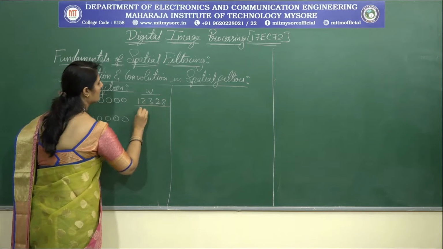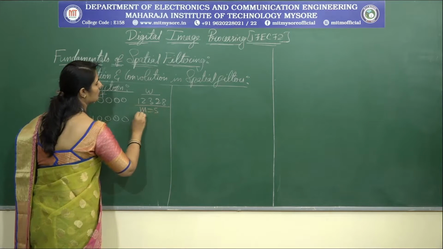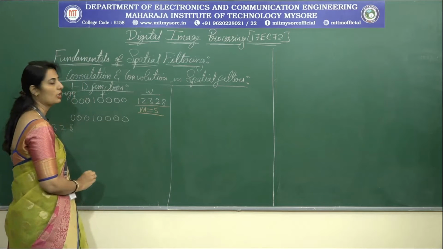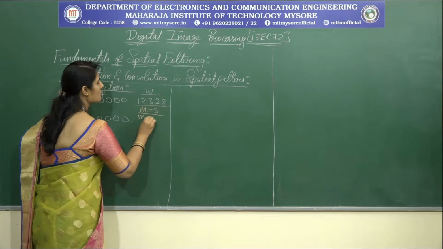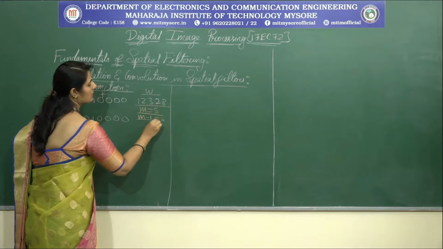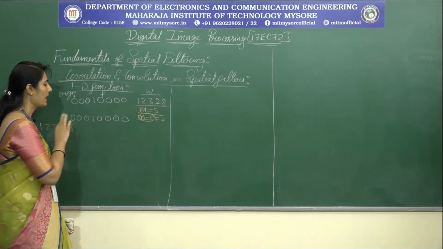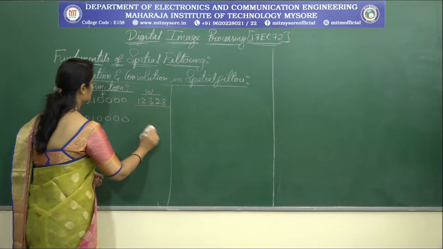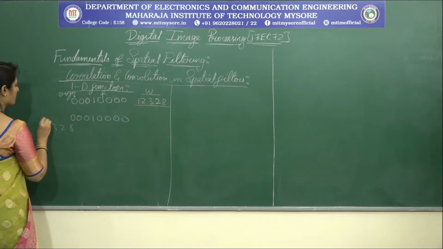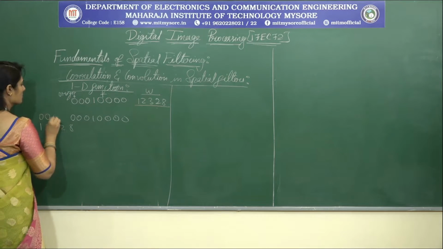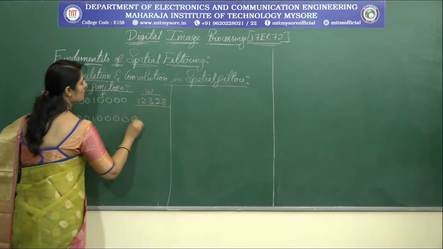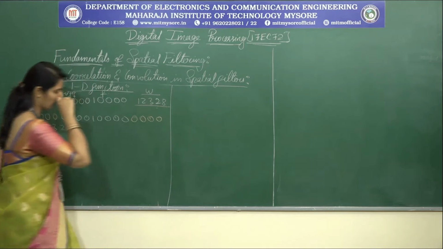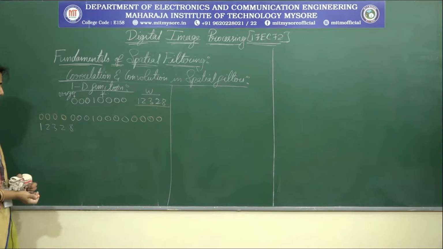Here m is equal to 5, we have 5 coefficients, so m minus 1 zeros can be padded on both sides of this function. So I am going to pad this with 4 zeros on each side: 1 2 3 4 and 1 2 3 4. These are the zeros which I have padded.